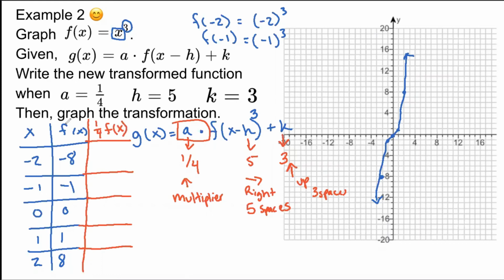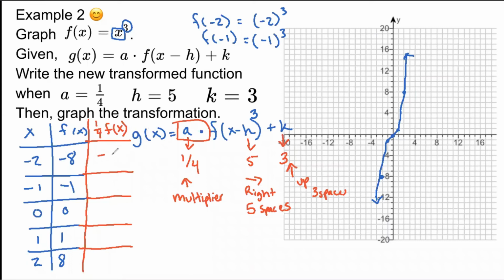So here we already know what the values of f of x are. We're going to multiply each value of f of x by 1/4. So from here, 1/4 times -8 gives me, can somebody give me that answer? 1/4 times -8. -2. Super close, Katya.